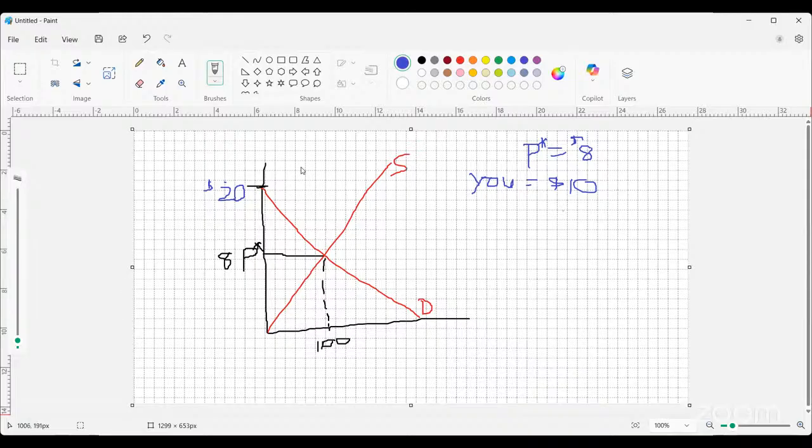Consumer surplus. Now, for the entire society, the entire consumer segment, this entire area becomes the consumer surplus. The value of this area is what we call consumer surplus.